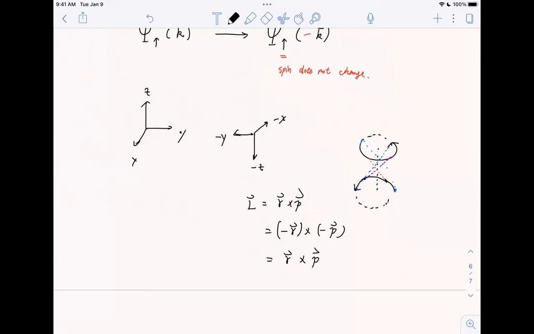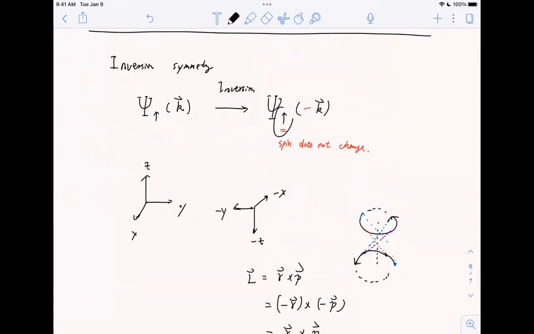But personally, I find this rotation picture the easiest way to understand. Anything that can be represented by a picture is better than algebra. It's a simple way. Okay, so we explained this.